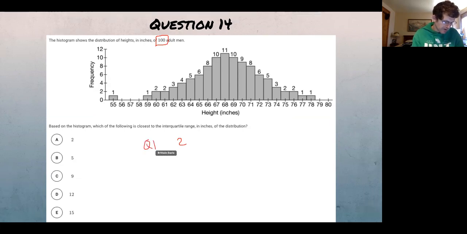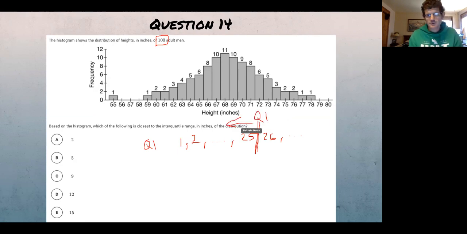Q1 is going to be somewhere between, if I start listing all the data points in order, so I got 1, 2, up to 25 and 26, and then it goes from there. So right here is Q1, because this means below that value, 25% of the data is going to live there. So I want to figure out where the 25th and 26th data points are.